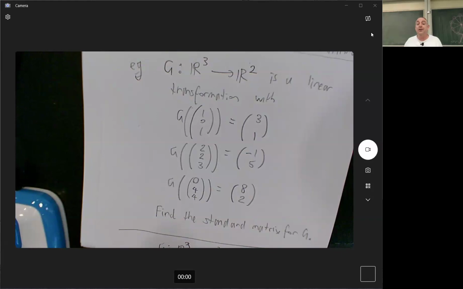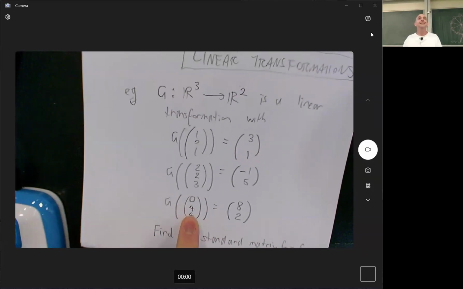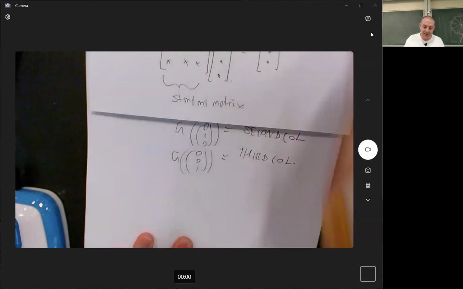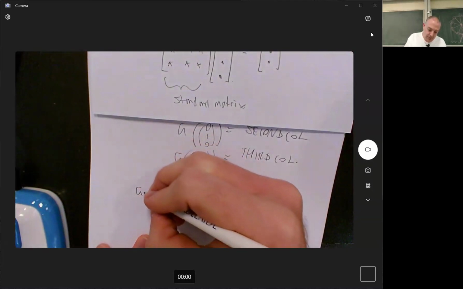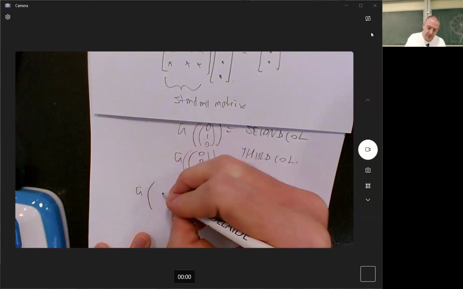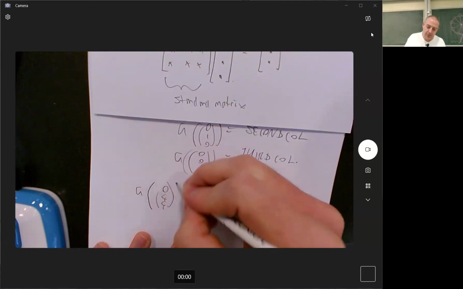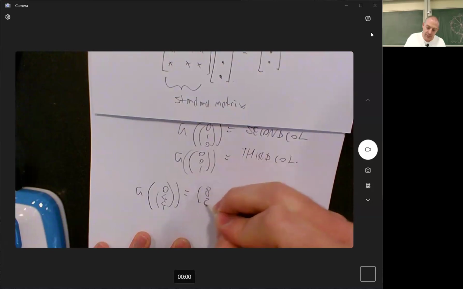One way is to stare at these in the hope that I could somehow create from these vectors 1, 0, 0, and 0, 1, 0, and 0, 0, 1. I can make 0, 1, 1. But that's a good start. Let's try that. So G of 0, 4, 4 is 8, 2.